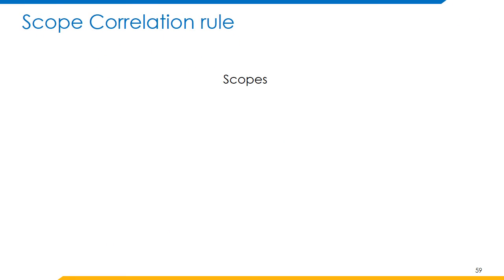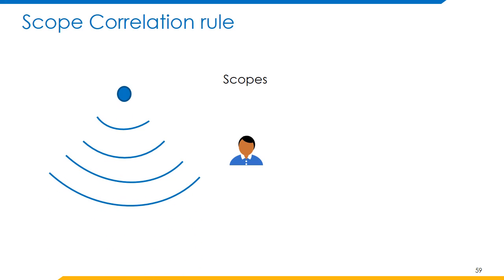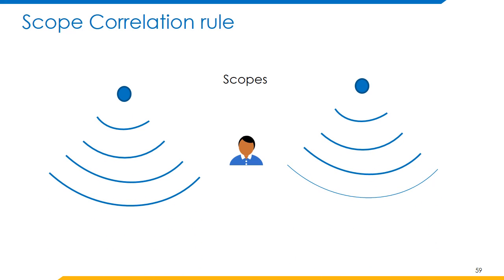Scope correlation rule. The scope correlation rule is used to identify the assigned scopes to which an identity belongs. The scope correlation rule expects a scope name as a return value, or a list of scopes to which the identity could belong.